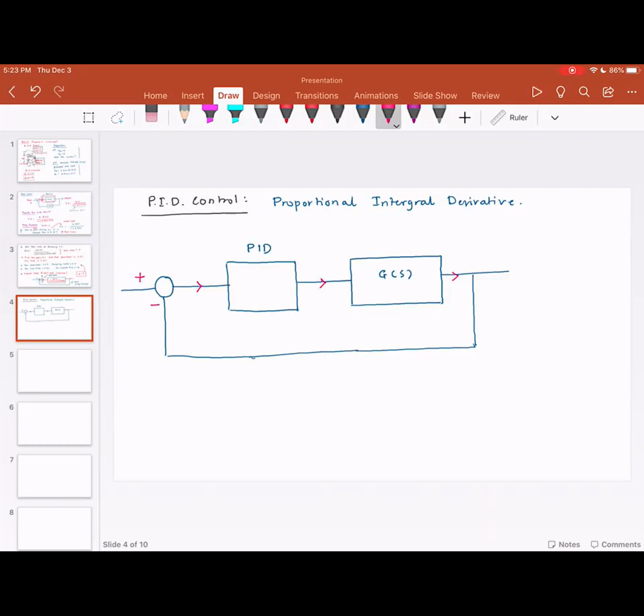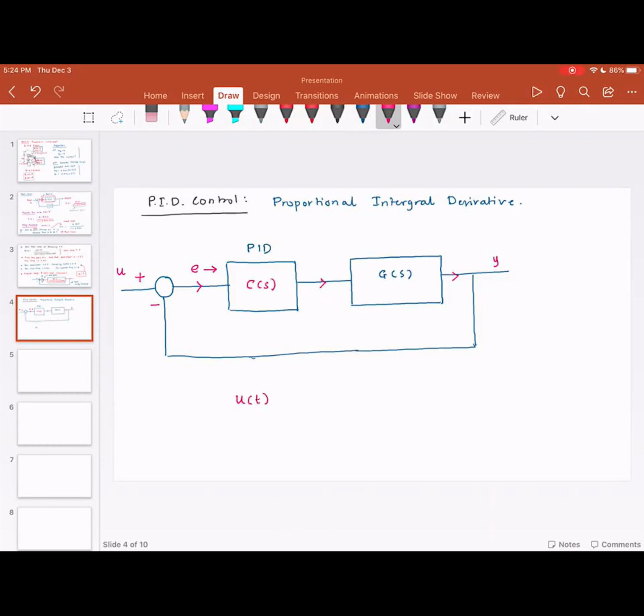So here what I have is I have Y and I have U. And here is the error. This error gets fed to the PID block. And how does this PID block look like? This PID block, sometimes called as C of S, this is actually a controller.